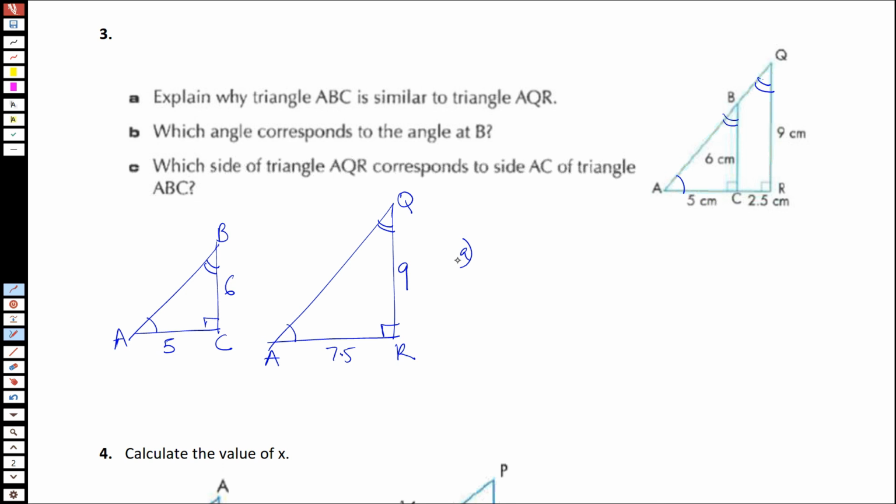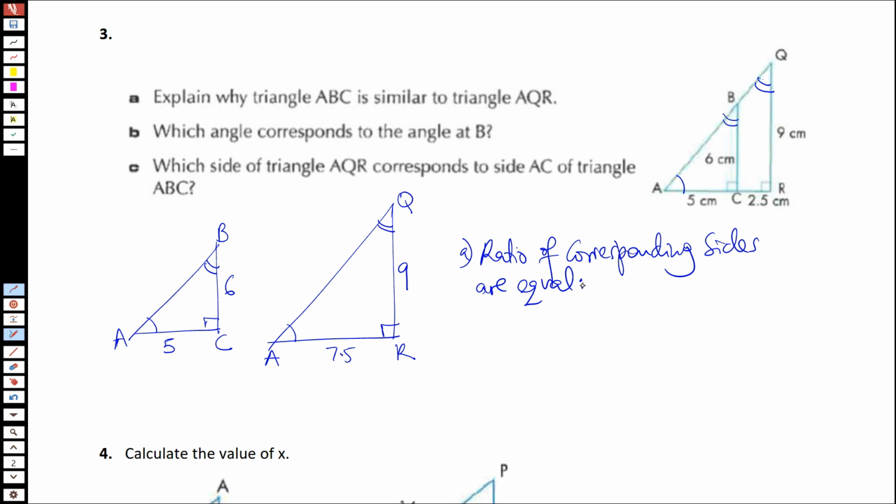So we just need to show that the ratio of the corresponding sides are equal.